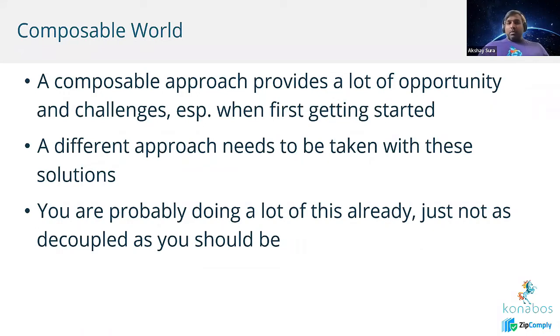Has anyone done it? What's your recommendation? Trying to look at decoupled systems and see if they solve your problem without doing a lot of work. So the approach itself has to change a little bit in terms of how you solve problems. It's no longer one technology fits my problem. You have to look at the problem and find the right technology which solves it.